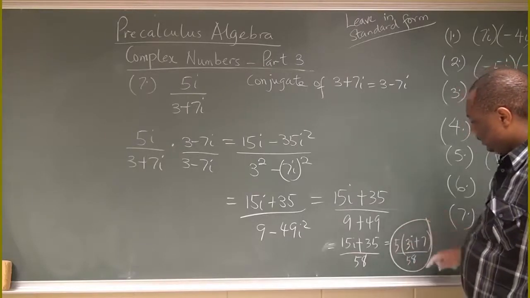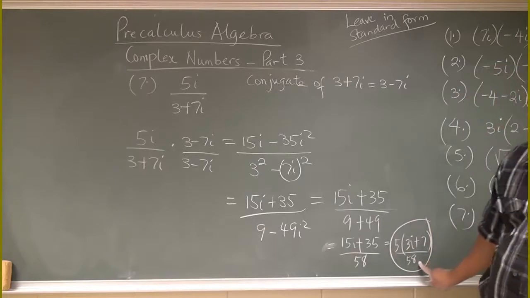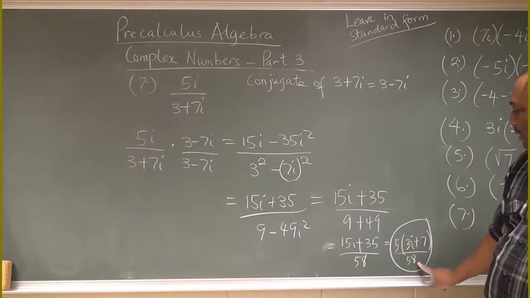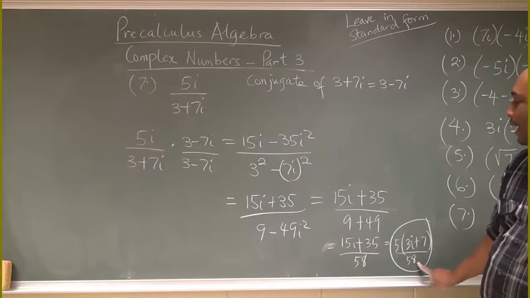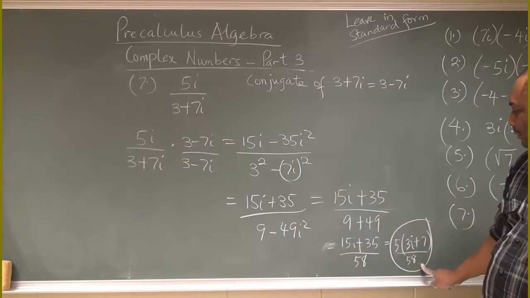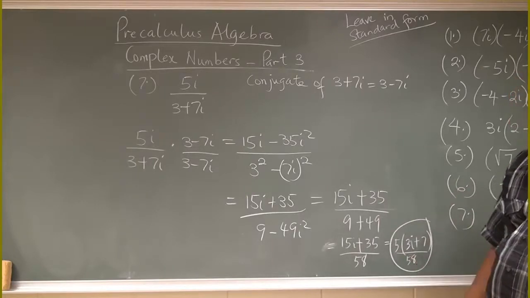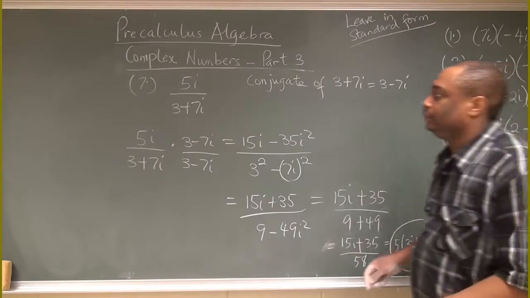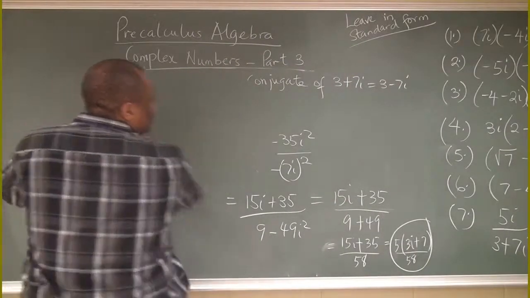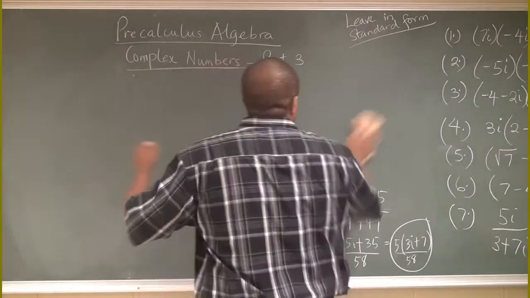Now, as you can see, this 58 is now a rational number. The 58 here now is a rational number. So we have achieved our aim by making the denominator a rational number. Okay? All right. The next question, let's solve more.